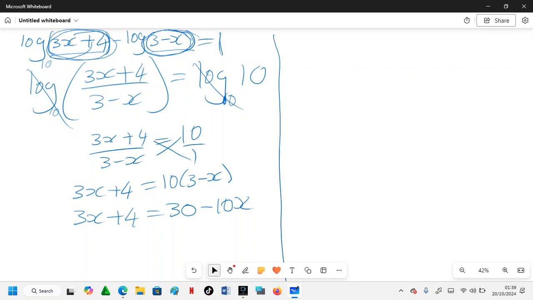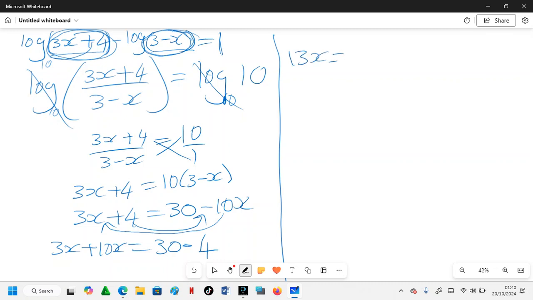Okay, so that we collect the like terms, and we take the 10x here, so that it is 3x plus 10x is equal to 30 minus 4, right? So 3 plus 10 is 13x is equal to 30 minus 4 is 26, so that we have over 13 over 13, x becomes 26 over 13, and therefore x becomes 2, right?